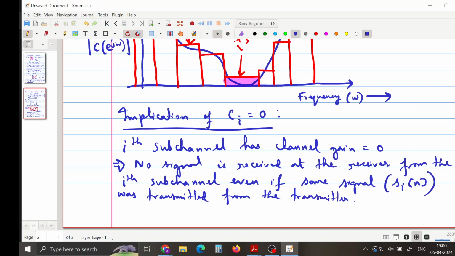So that encompasses the first observation, which is there is really no signal at the receiver.